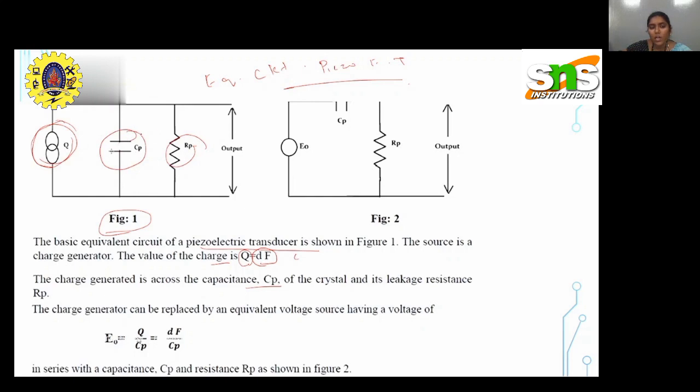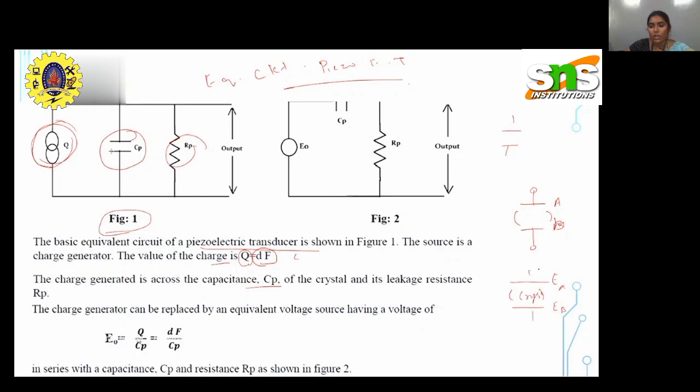The charge has been generated across the surface of the crystal, right? So the crystal is compared with a capacitor, because it is almost similar. In a capacitor you have metal A, here you have metal B, and in between you have the dielectric medium. This is the symbol for the capacitance. Similarly, in a piezoelectric crystal, you have an electrode on the top side, another electrode B on the bottom side, and in between you have the piezoelectric crystal.